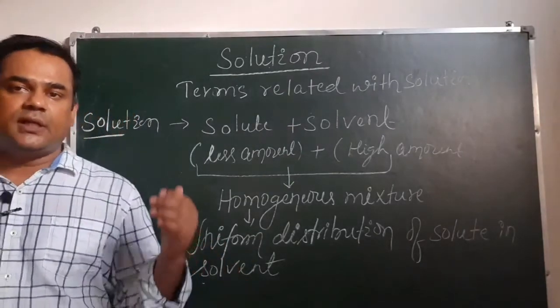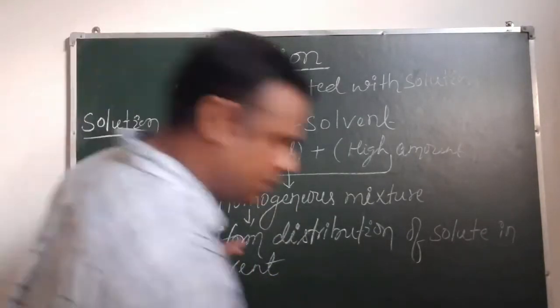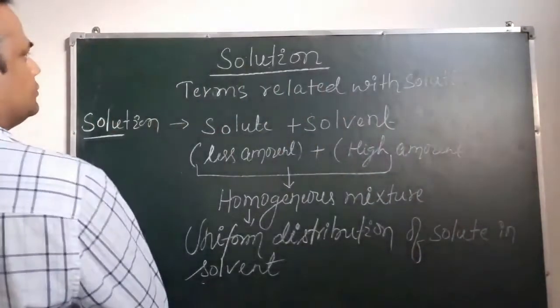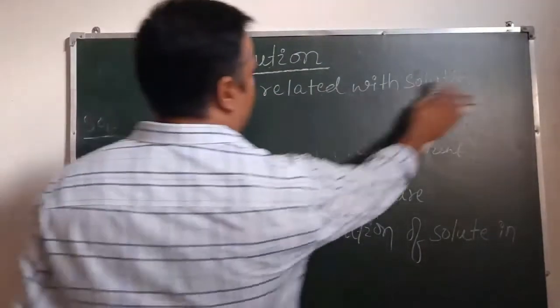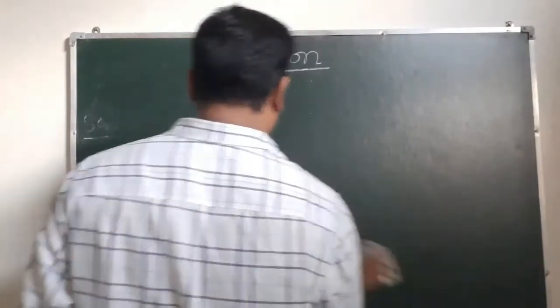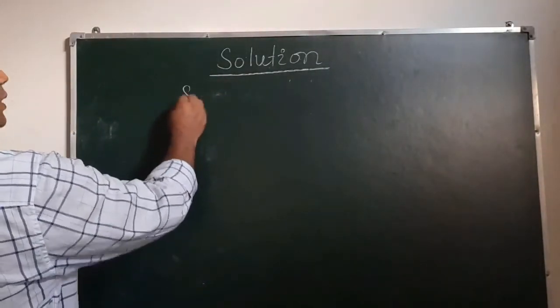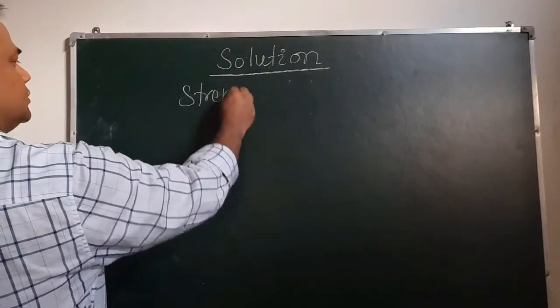So how we represent the strength of any solution, that we are going to see: the strength of solution. किसी सॉल्यूशन के स्ट्रेंथ को कैसे रिप्रेजेंट करते हैं उसे हम देखेंगे.